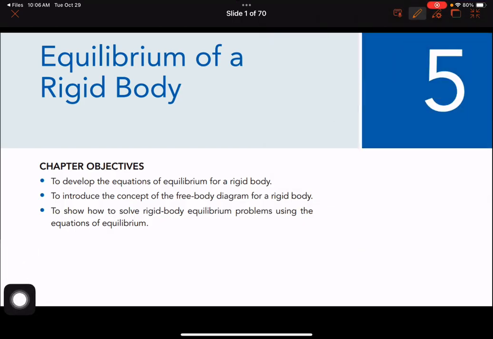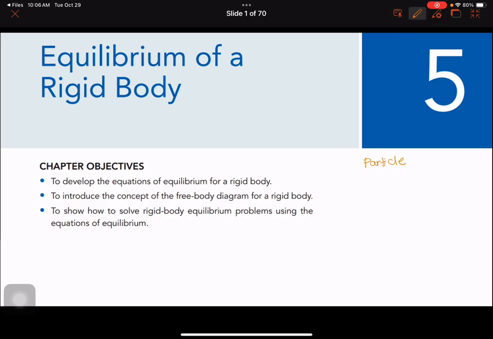Okay, so this time we are in chapter 5, equilibrium of rigid body. And if you still remember, may natapos tayo na chapter which is equilibrium of a particle. No? And in that chapter, nasabi natin that a particle is said to be in equilibrium if it remains at rest, if originally at rest.